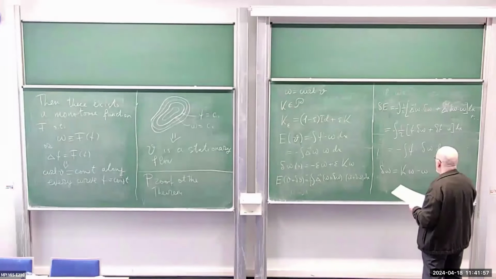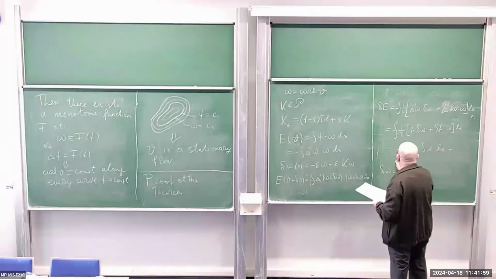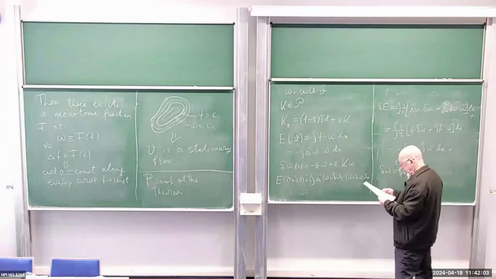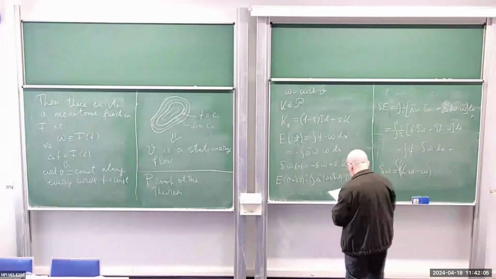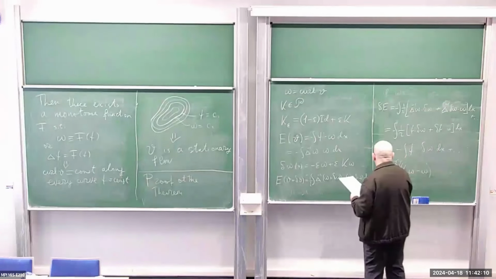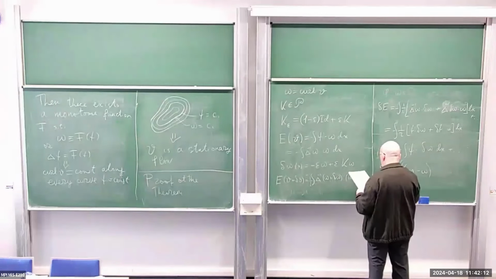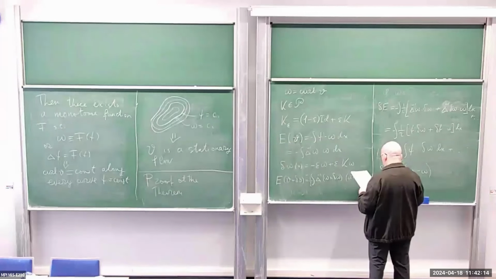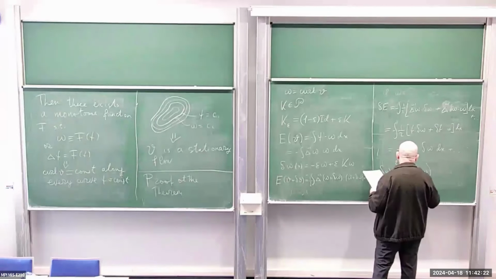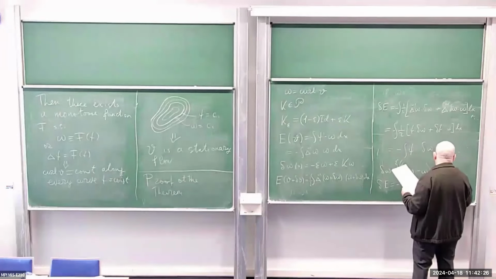Times epsilon. No, epsilon is small. The delta E equals minus integral psi, K omega minus omega, dx.